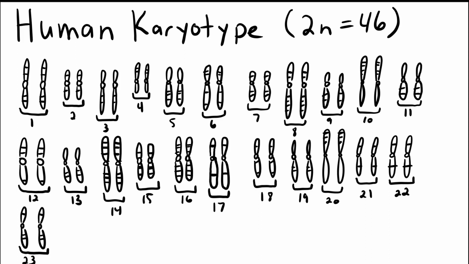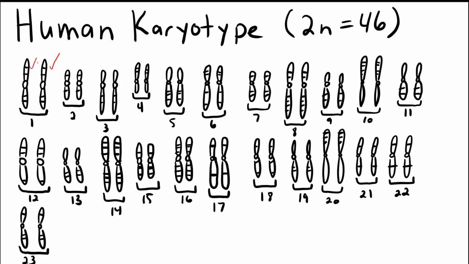Okay, so yet another way of showing this human karyotype, the 2n of 46, is to show you that there are 23 pairs of homologous chromosomes. Keep in mind, a homologous chromosome is the same chromosome. It's the same size, and it has the same genes at the same locus, right? So for this locus right here, you have a gene.